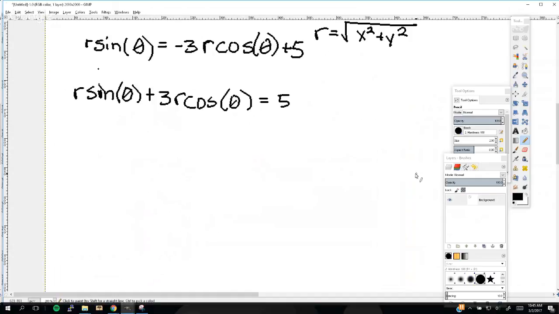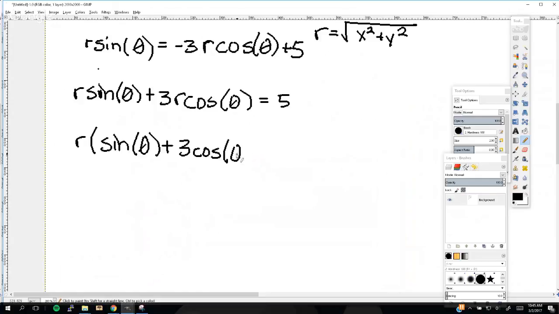So it'd be r parentheses sine of theta plus 3 cosine theta. Wouldn't that get rid of one of the r's? No, wait, you're right. You would get rid of both of them.